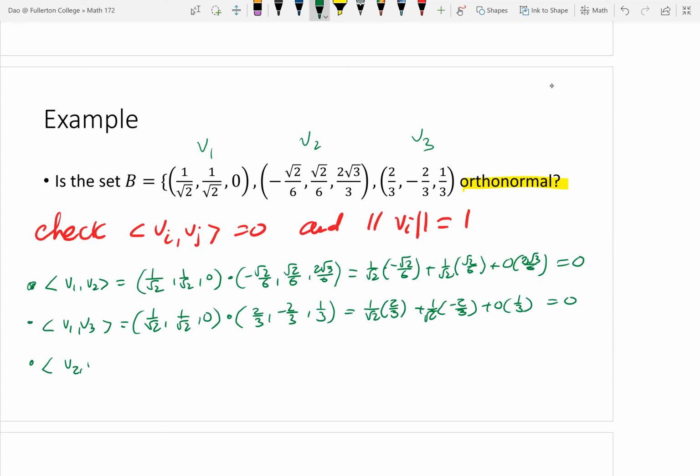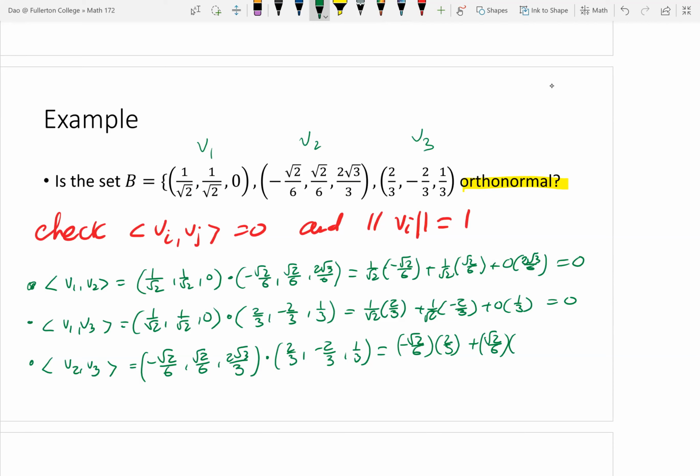And then v2 and v3, which is (negative rad 2 over 6, rad 2 over 6, 2 rad 3 over 3) dotted with (2/3, minus 2/3, 1/3). So this gives minus rad 2 over 6 times 2/3, plus rad 2 over 6 times minus 2/3, and then plus 2 rad 3 over 3 times 1/3.